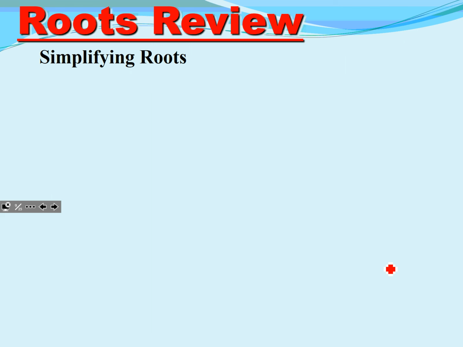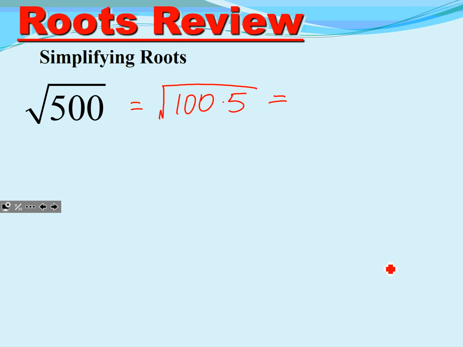So, if I was going to do square root of 500, this is going to take some thinking. And for this one, I will show you guys some of the work. This is basically root 100 times 5, which equals 10 root 5.